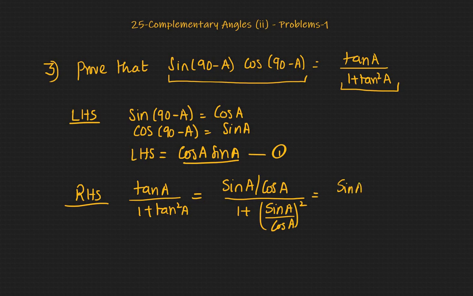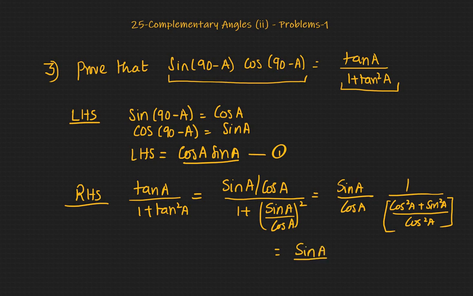This is sine A by cos A into 1 by cos squared A plus sine squared A by cos squared A. We know that this quantity is 1, so we can write this as sine A by cos A into cos squared A divided by 1. Now cancelling, we get cos A sine A.